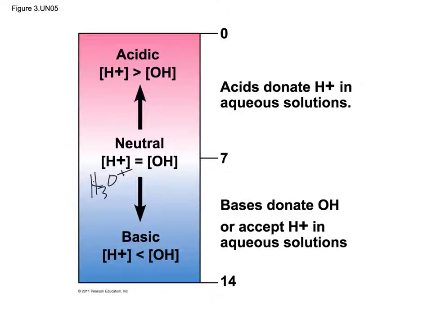Understand that pH is equal to the negative log of the hydrogen ion concentration. Okay? So whether it is a base or an acid, you are measuring how much free hydrogen ions are present in a solution.